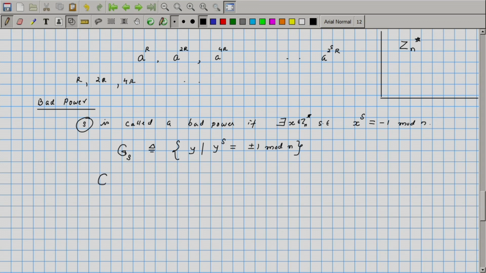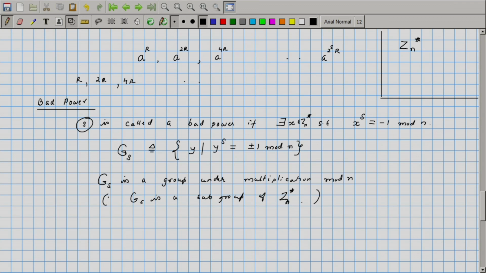So, we have to say that GS is a group under multiplication mod n. In other words, GS is a subgroup of Zn star. Okay. How do we verify this?